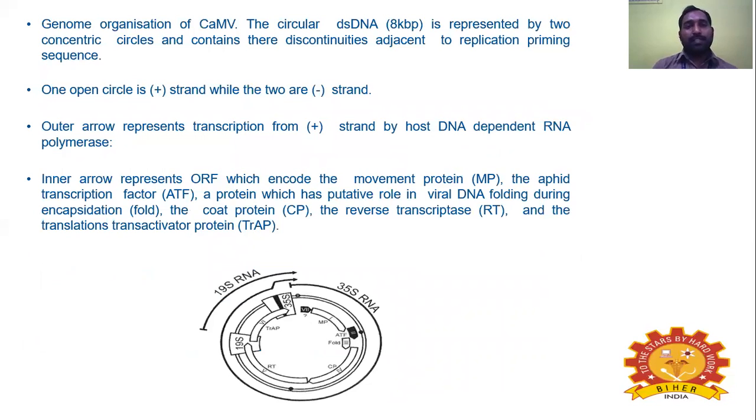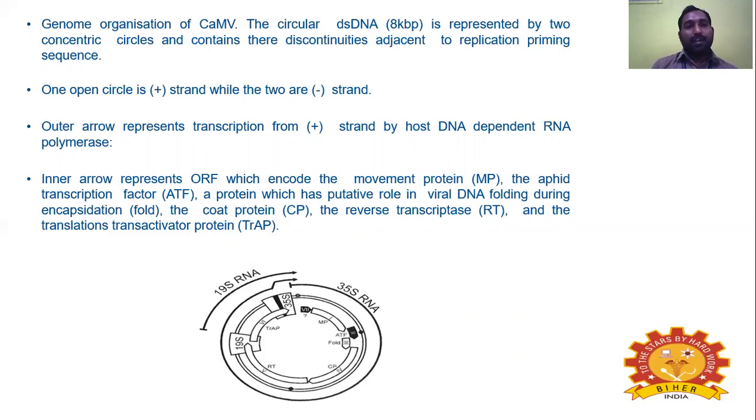And there are also many more details they have given. In the genome organization of cauliflower mosaic virus, you can see the circular double-stranded DNA that is 8 kb in size, represented by 2 concentric circles and containing 3 discontinuities adjacent to replication priming sequences. And there is one open circle strand while 2 are negative strands. So there is a positive strand and a negative strand.